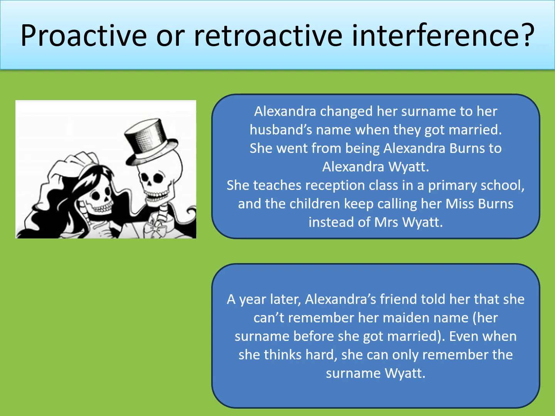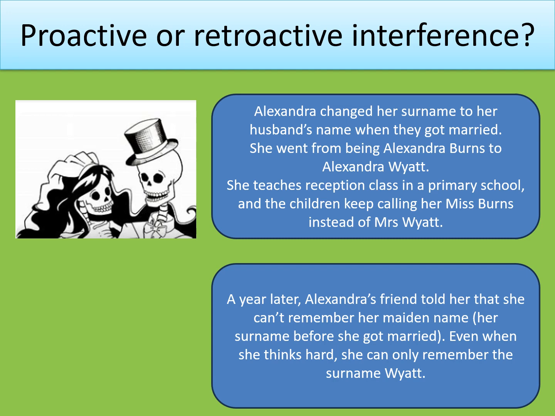If you pause the video, identify which is proactive and which is retroactive. Hopefully you've identified that the first one is proactive, because the children keep calling her Miss Burns. That earlier memory, the first memory of her name, Miss Burns, is interfering with the later memory of Mrs. Wyatt. So that's proactive.